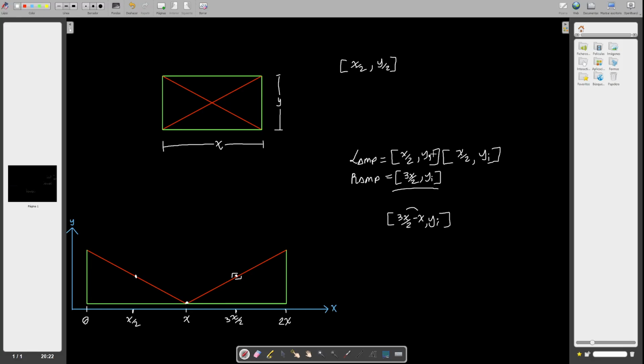So now I know that they intersect at this specific value, on the x, x divided by 2. So we are close, but what is missing? I also need to show where the y intersection is going to be.